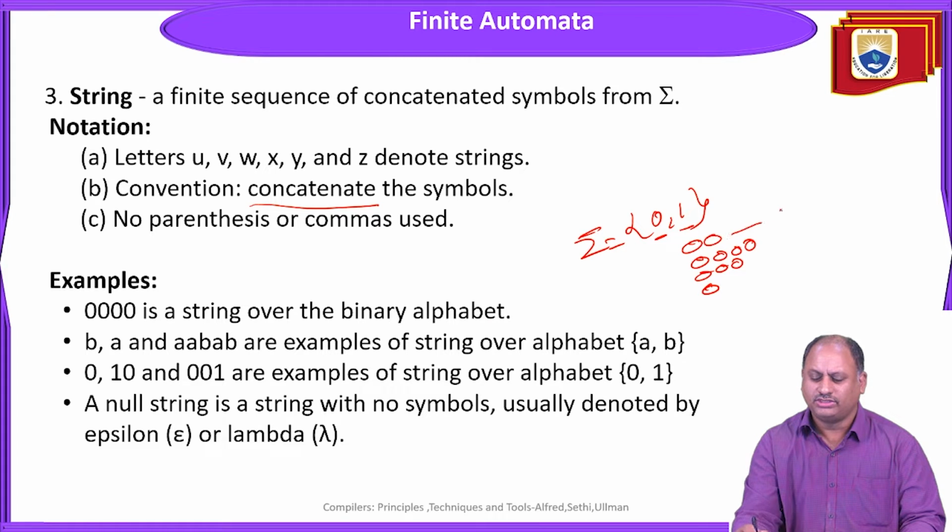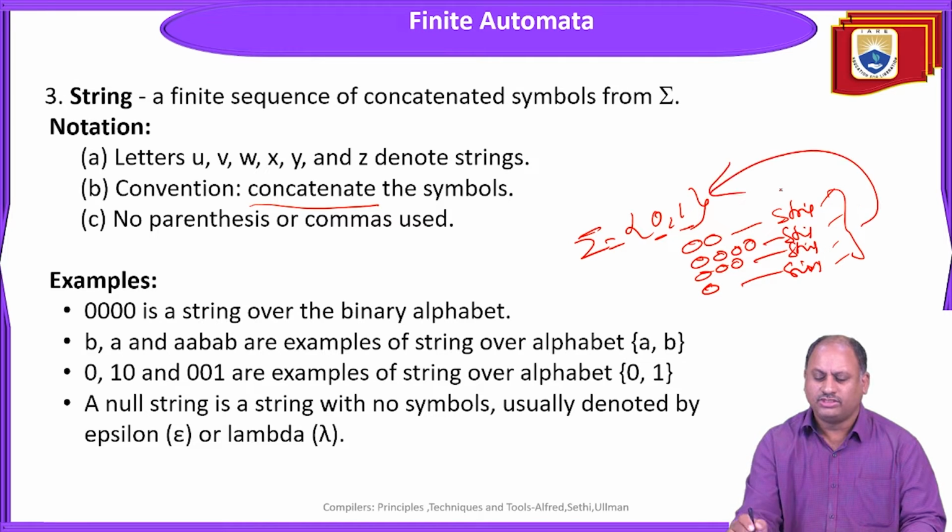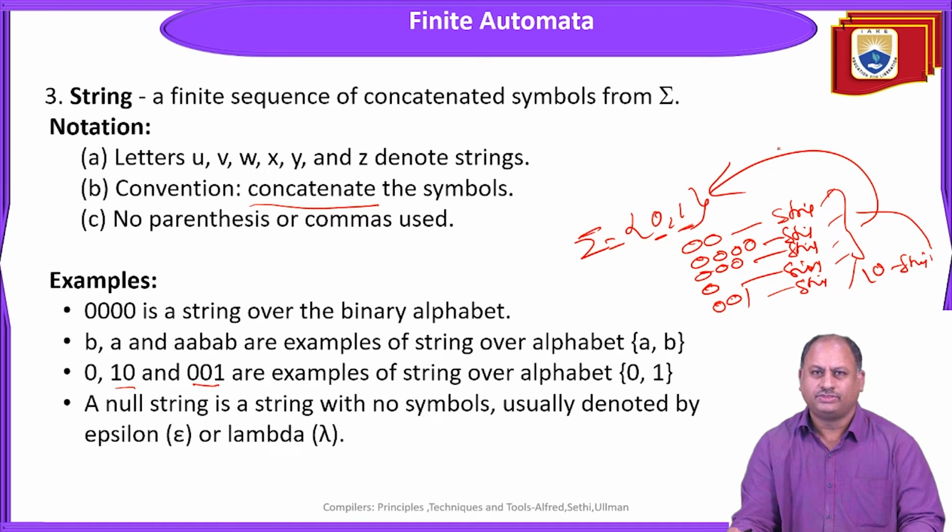So 0 is one string. 0, 0 is another string. Like that, several strings are formed from the given alphabet. What is the alphabet? 0, 1. So in this example, 1 0 0 1 is a string, and 1 0 is also a string. All these strings are derived from sigma.